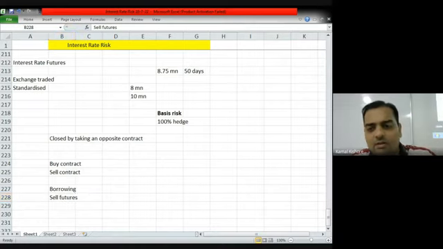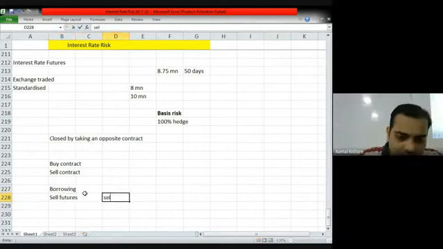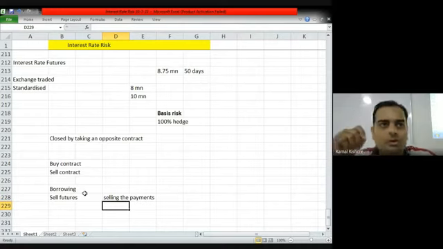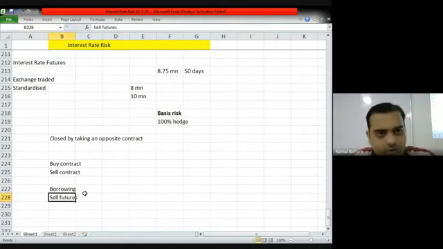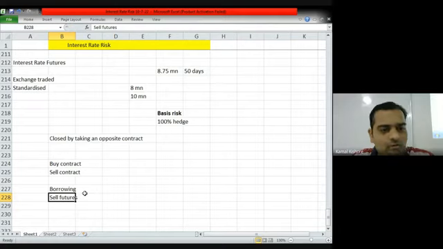Why do we sell the interest rate futures? What we are essentially selling are the payments. I'm going to make the payments on the loan, right? So I will sell the futures. That means I will enter into an interest rate futures contract to sell the same, and lock the rate.